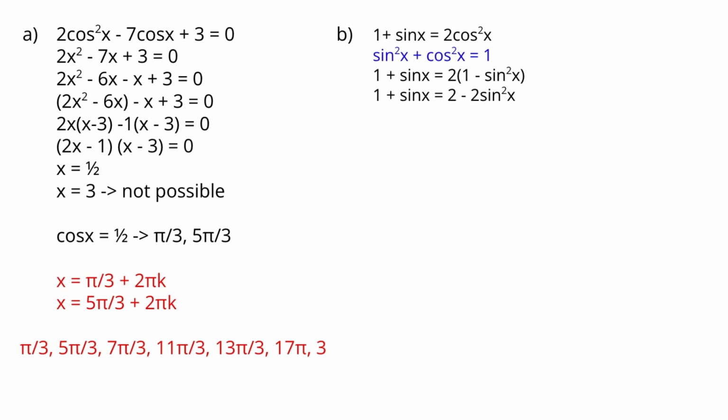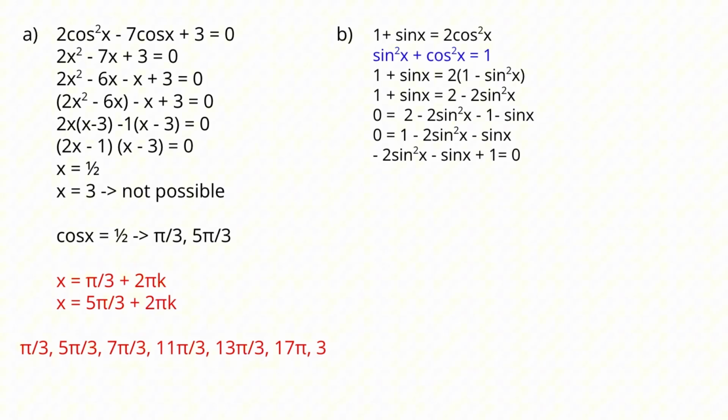So we can change that into 1 plus sine x is equal to 2 times 1 minus sine squared x. Now we're just going to multiply out that 2, so we get 1 plus sine x is equal to 2 minus 2 sine squared x. Move everything from the left side to the right side, set it equal to 0, and further simplify.